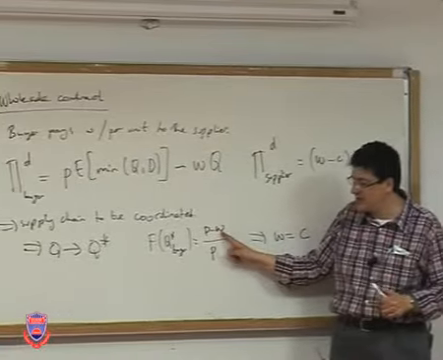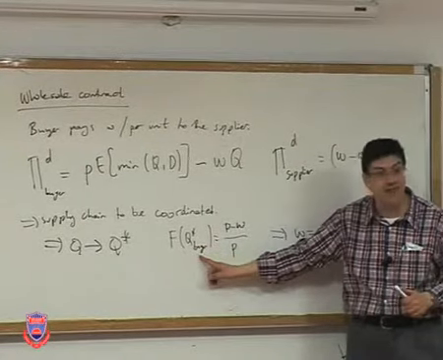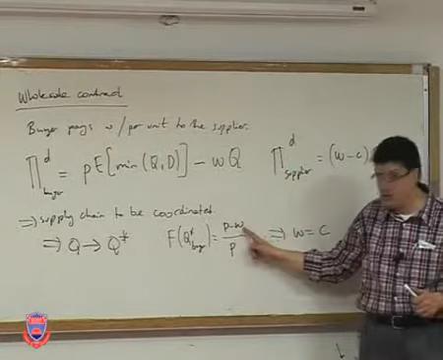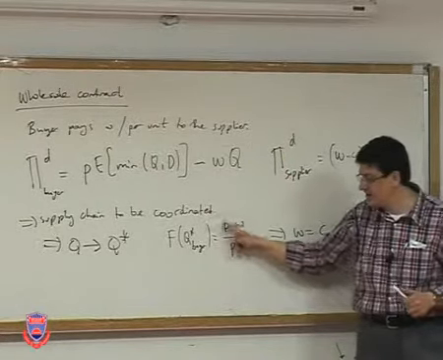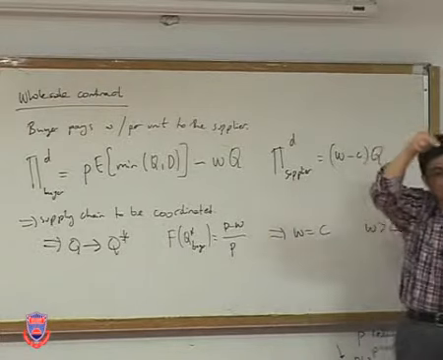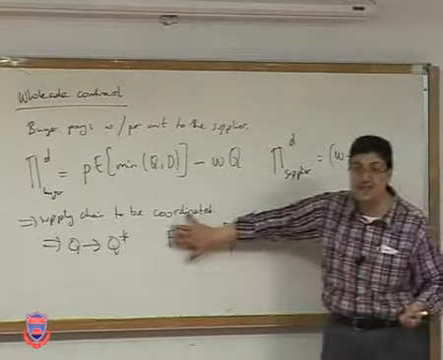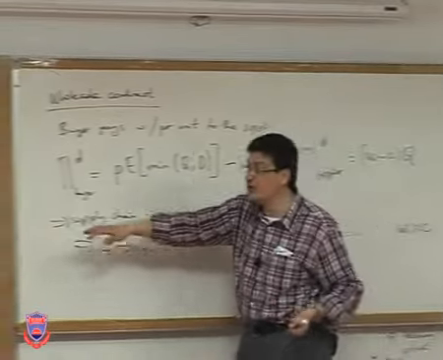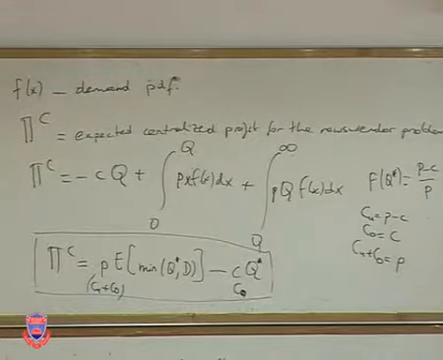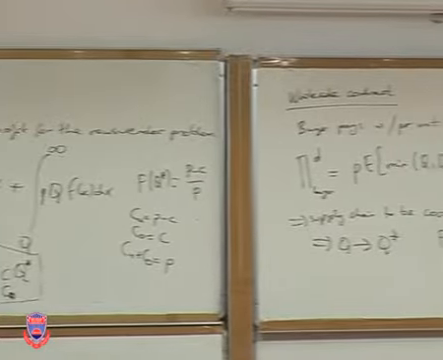If W is larger than C, what can you say about this Q star of the buyer compared to the centralized Q? This W is larger, so the numerator becomes smaller, the fractile goes down. So the quantity that you order in this decentralized setting will always be less than what you would order in the centralized setting. And this effect is called double marginalization.